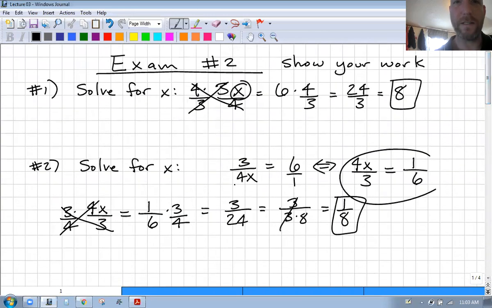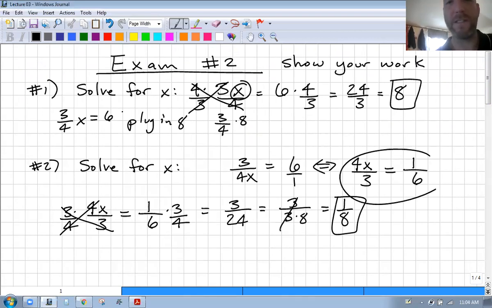So let's look at this exam up here. When we get an 8, if we want to check and make sure that that's the right answer, we look at the original equation, it was 3/4 X equals 6, right? That's the original equation. Plug in 8 for the X. We have 3/4 times 8.